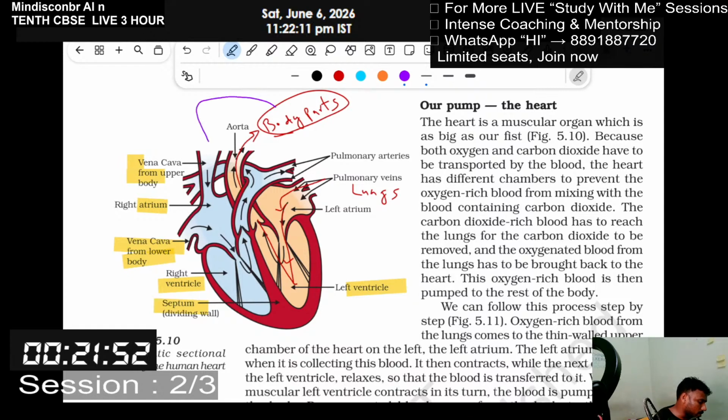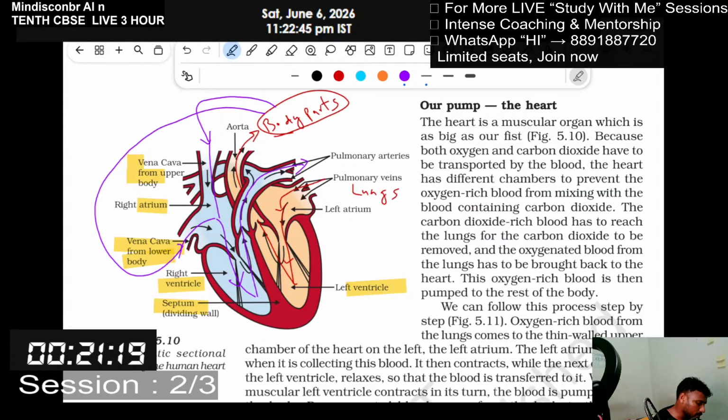From these body parts, deoxygenated blood comes to the vena cava, and through the vena cava to the right atrium, and from right atrium to right ventricle, and as a result, due to pressure, the right ventricle contracts, these two valves close and blood cannot go back to the right atrium, and blood goes to the pulmonary arteries and reaches the lungs, and there deoxygenation occurs, that is removal of carbon dioxide, and blood again gets oxygenated, and the cycle repeats.